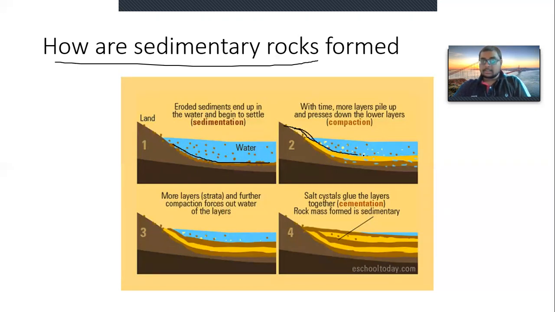Initially this layer is small, but in the gradual course of time, more layers go on settling on top of it. Again after many days, many layers of soil or land go on settling on top of them, and this is how sedimentary rocks are formed.